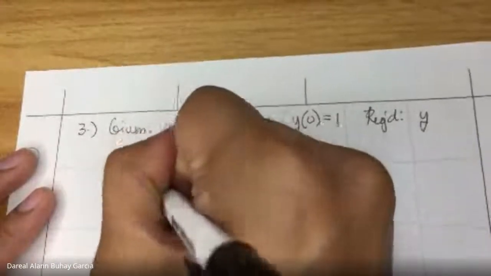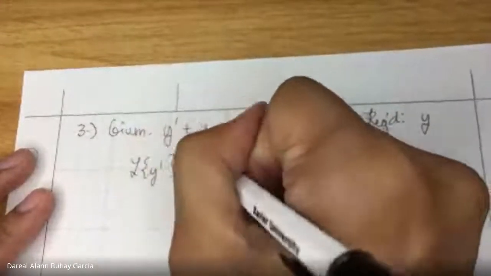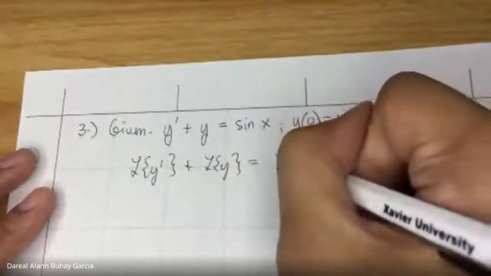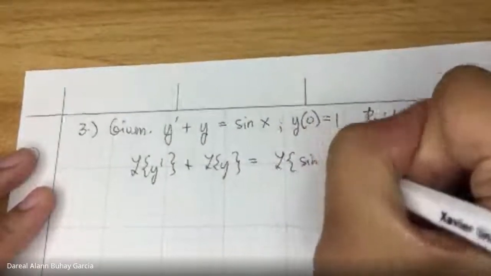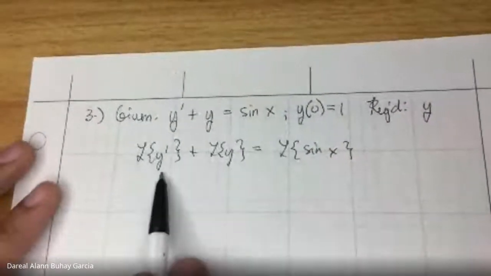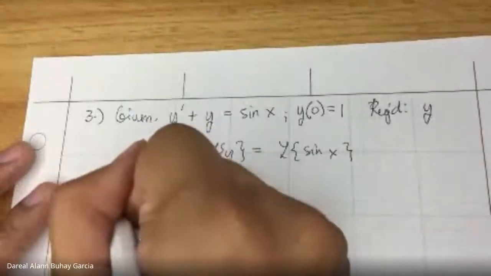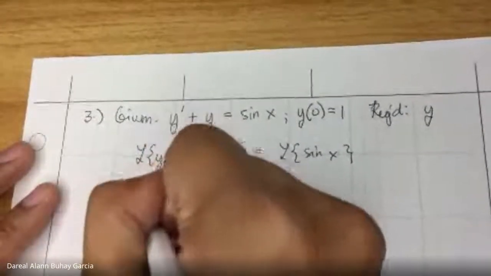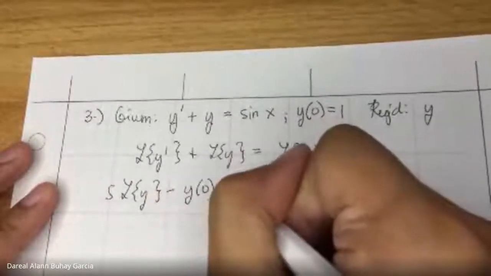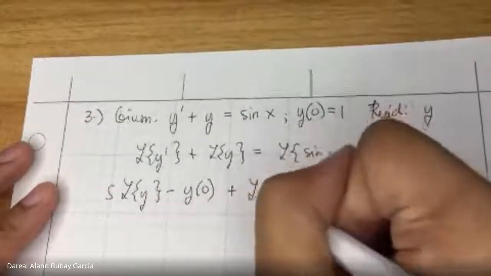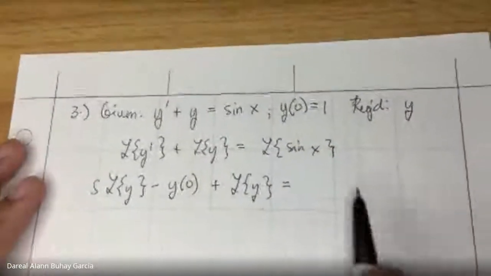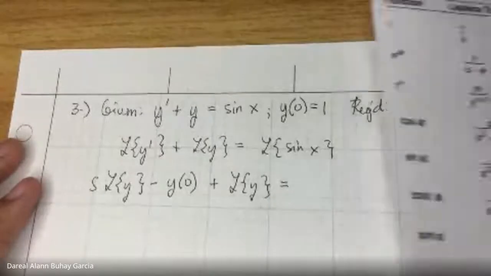The Laplace of y prime plus the Laplace of y equals the Laplace of sine x. This is s times the Laplace of y minus y of 0, plus the Laplace of y is equal to, what's the Laplace of sine x?